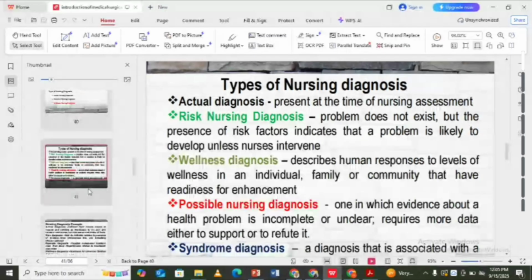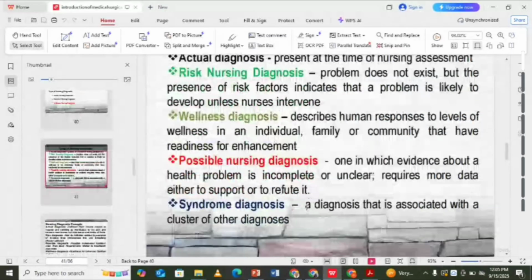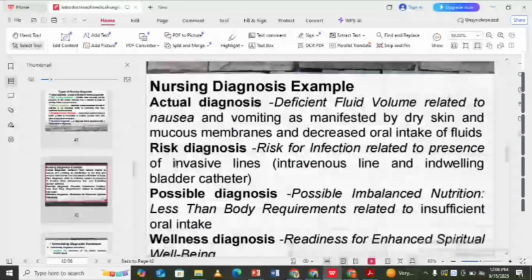Possible nursing diagnosis is where further clarity may be needed to support or to refute that nursing diagnosis. The syndrome nursing diagnosis is where you are talking about a cluster of other nursing diagnoses. Those are examples.